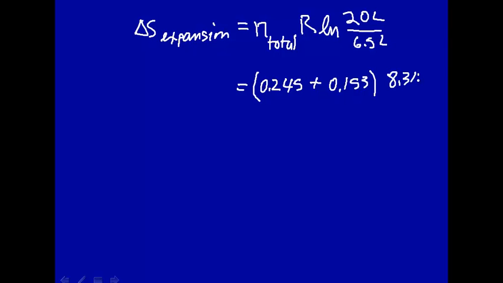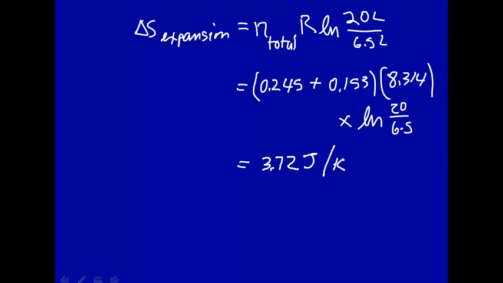R, 8.314 joule per mole Kelvin, I'll omit the units here, times the natural log of 20 over 6.5. And you plug all this into the calculator and you get 3.72 joule per Kelvin. Therefore the total entropy change for both processes would be the entropy of mixing plus the entropy change for expansion.